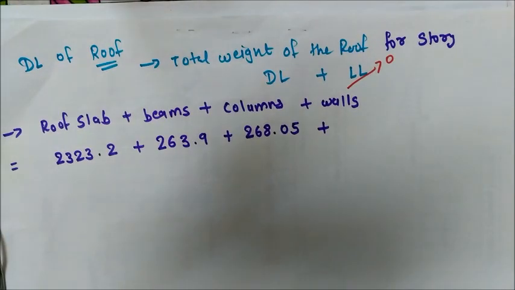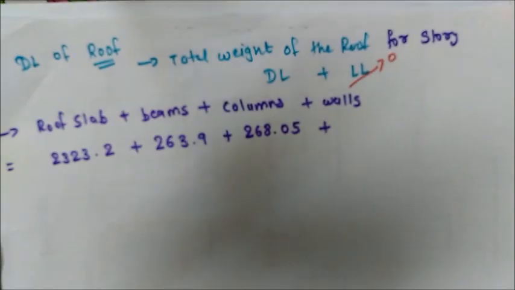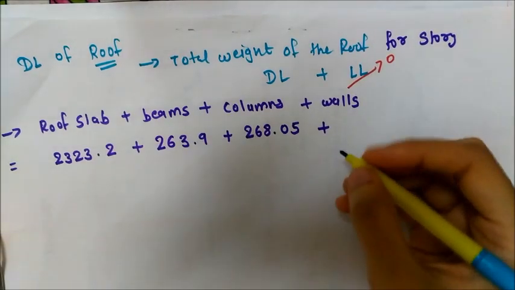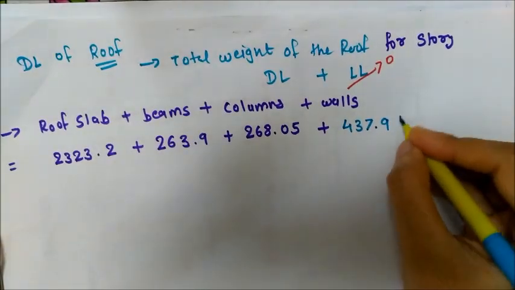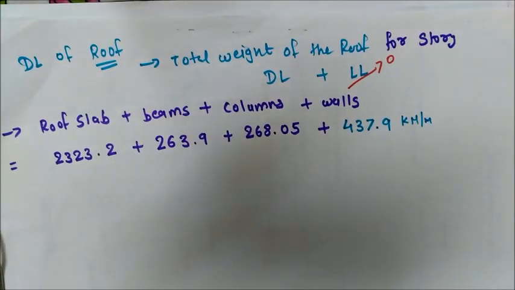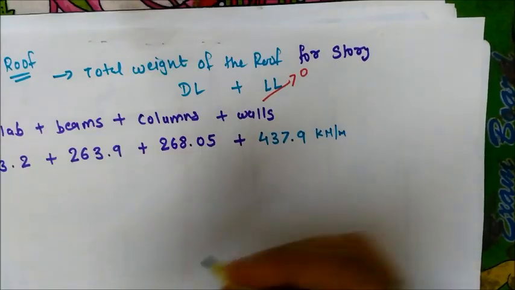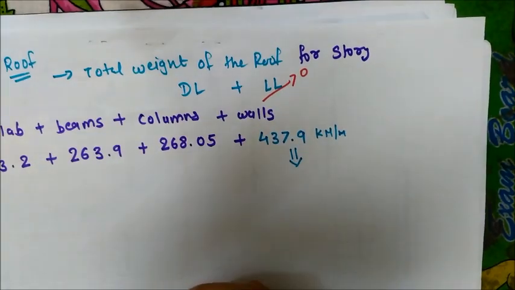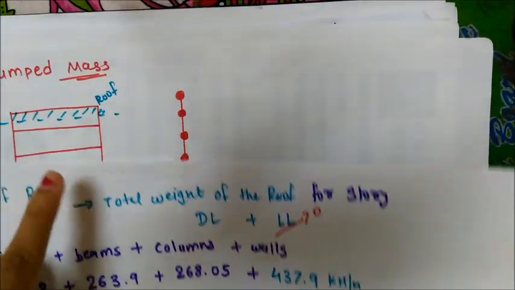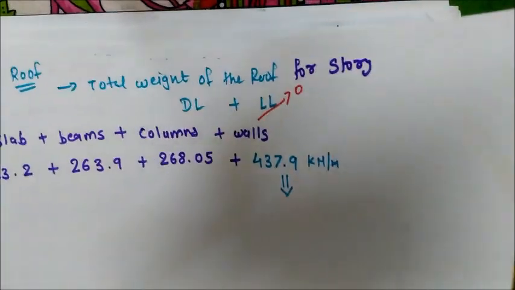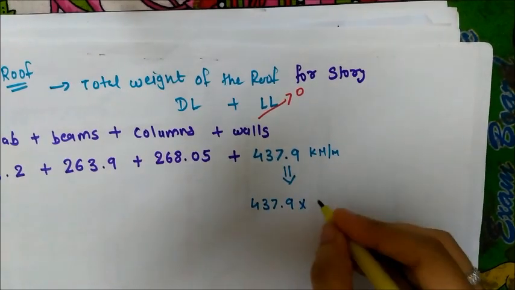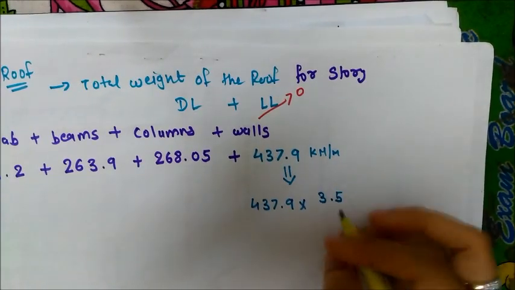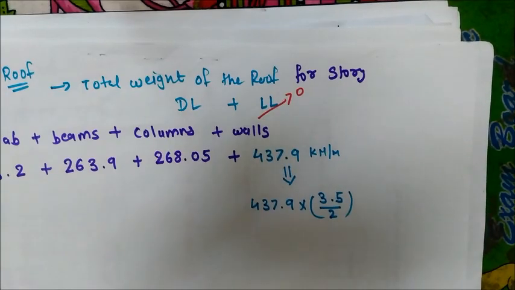Now we have to consider columns. The weight of the column we take as 437.9, which is in kilonewton per meter. Here you have to multiply with the height, but for the roof section, as we discussed for the lumped mass, we only consider half of the story, so we multiply only half the height. Our story height is 3.5 divided by 2.